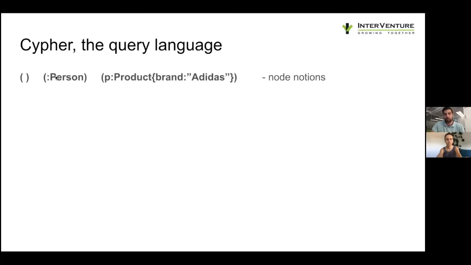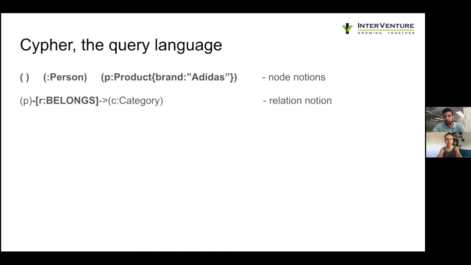So it would select, for example, all the nodes with a label person. The third one has a label, it has a property, which is brand Adidas, and this p here is actually a variable that we give it inside the query.